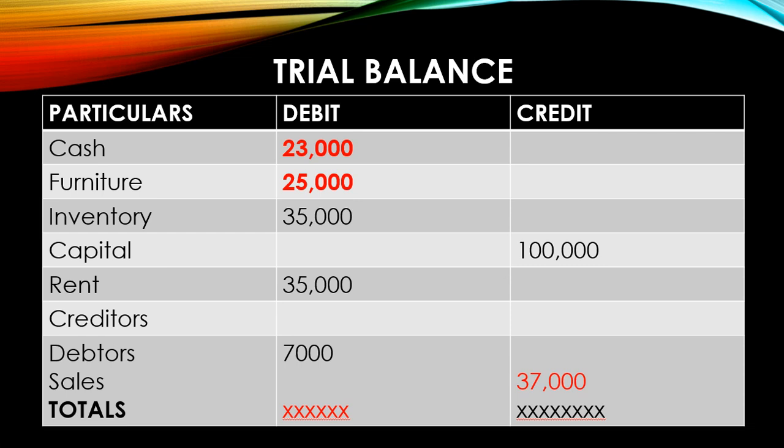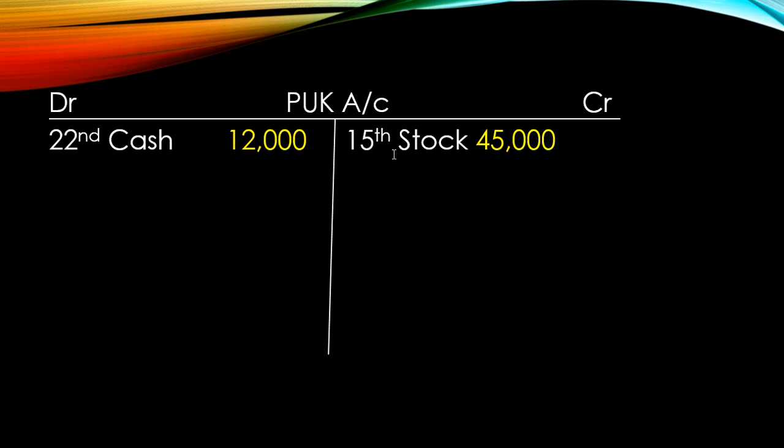So creditors. Our creditor was PUK. We owed him 45, but we paid him 12. So if we subtract 12 from 45, you remain with 33,000.